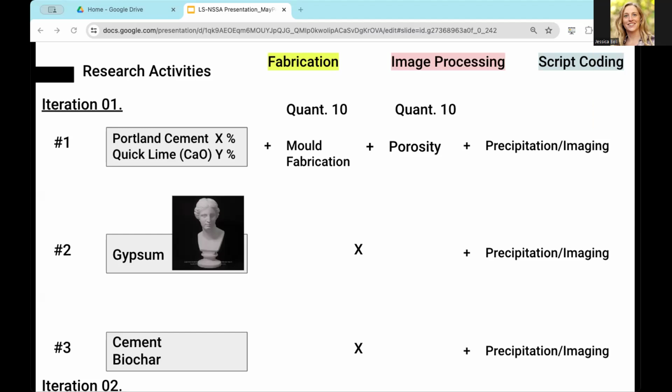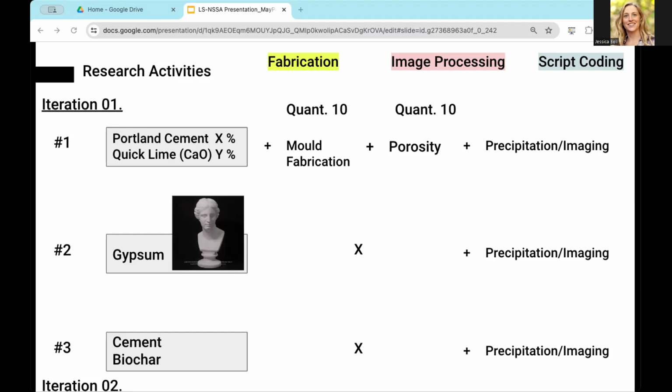So, thank you, David. Going over research activities, we have three main methods. For methods 2 and 3, we wouldn't need that much variation, so we'll have maybe one of each: one for gypsum and one for cement biochar, but we'll make those into two versions, one fully filled and one with a more porous block.